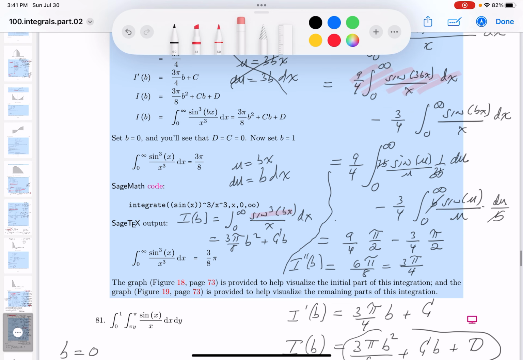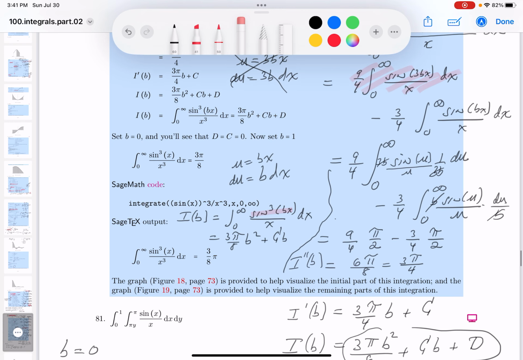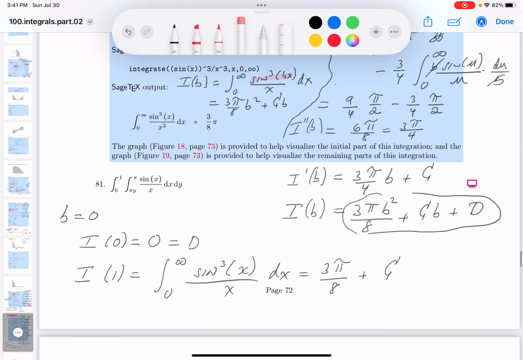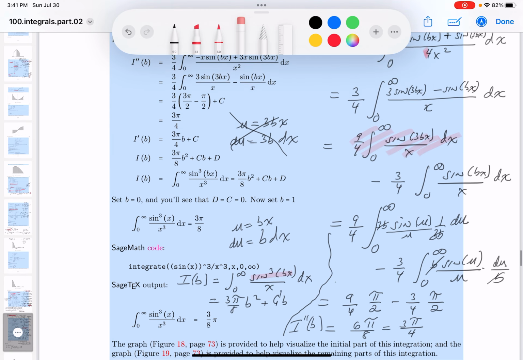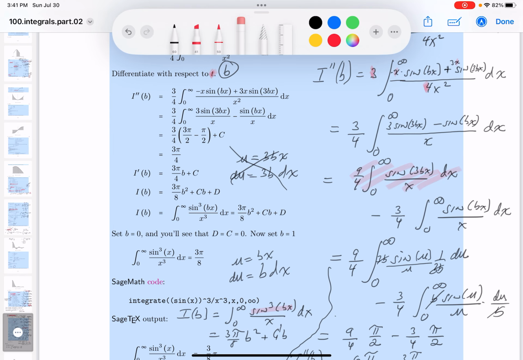And I did set something to 0, right? I wonder where I wrote that down now. Oh, it's over here. Oh, I see it now. Let me think about this a second, though. Set B to be 0.